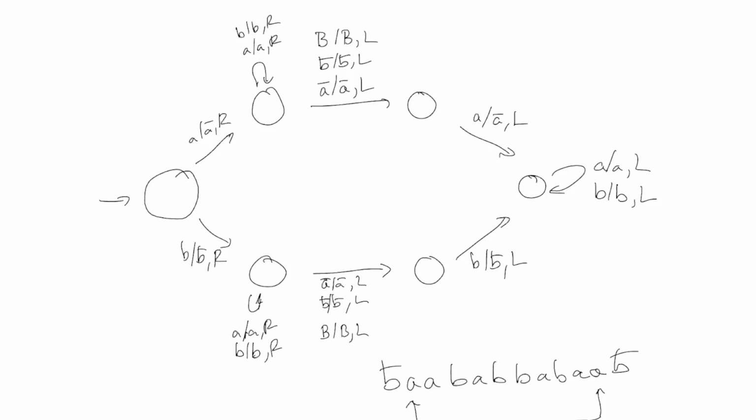So as it moves back to the left through unmarked letters, eventually it gets to a marked letter, it should move to the right one more position and then go back to the beginning. So I conveniently left a little alleyway in the middle. Isn't this cute? If you have space through the middle, it should say A bar R, B bar R. Or you can make that arrow go all the way around the outside if you must. So this is my big loop.